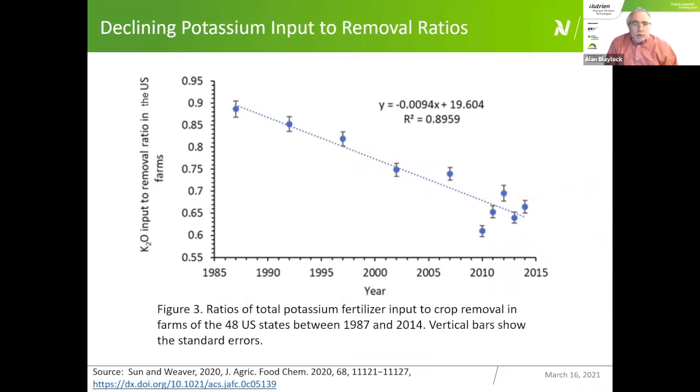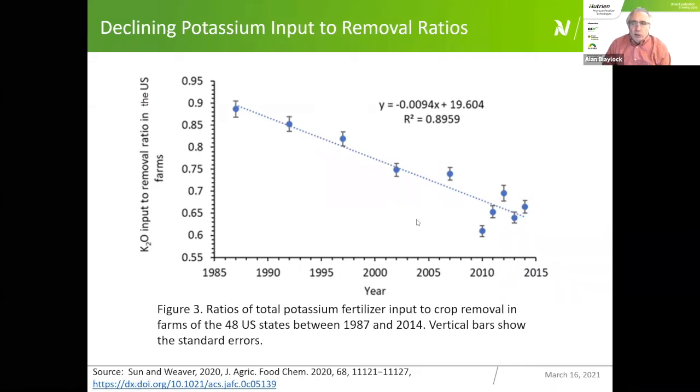A 1-to-1 ratio means that for every pound of potassium that was removed, a pound of potassium was applied. In this case, we have ratios less than 1, meaning that there's greater removal or less input per unit of removal. And that has declined steadily over the last several decades. So that's just part of the information taken from the paper.